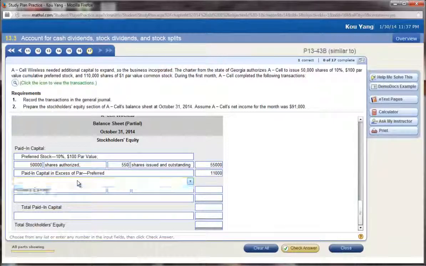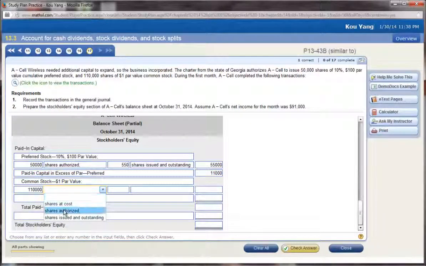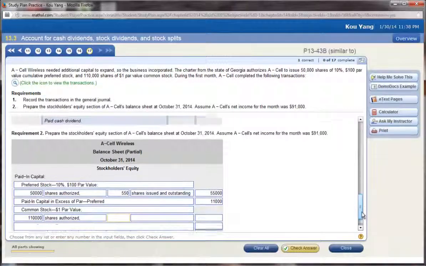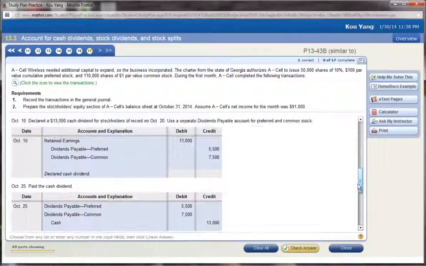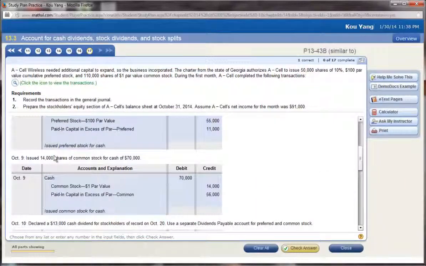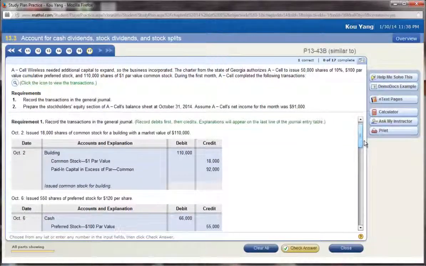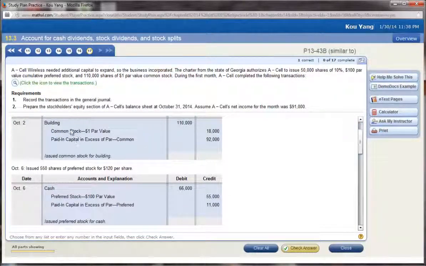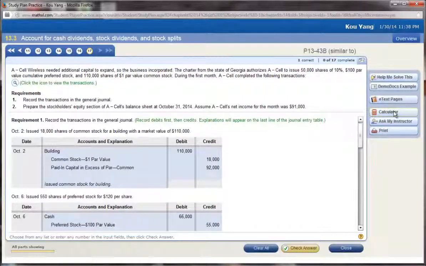Good. Next, we've got common stock, $1 par. We are authorized to issue 110,000 shares authorized. And so far, how many shares do we have issued and outstanding? We issued 14,000 shares here for common stock. And we also issued 18,000 shares here.